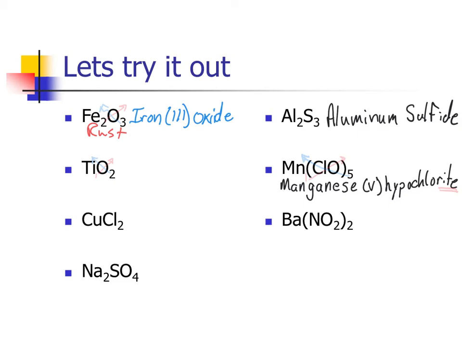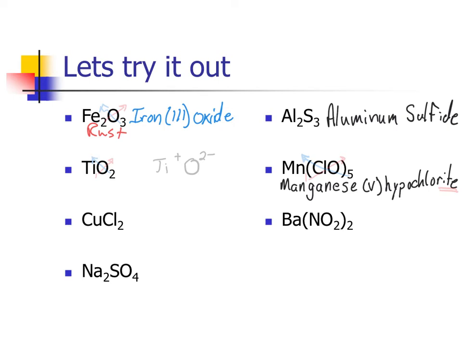So what we do is we write it out. I know that titanium has some charge that's positive. I also know oxygen is going to have a charge of -2.